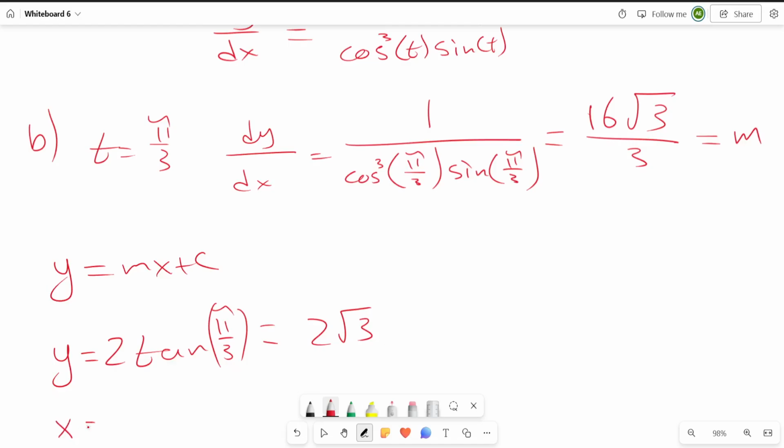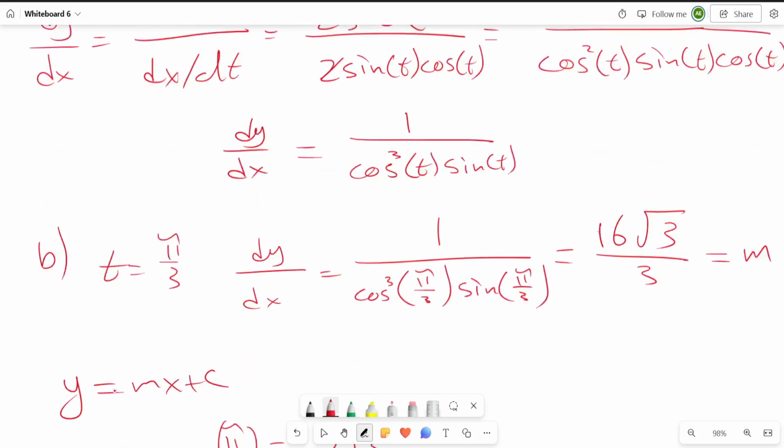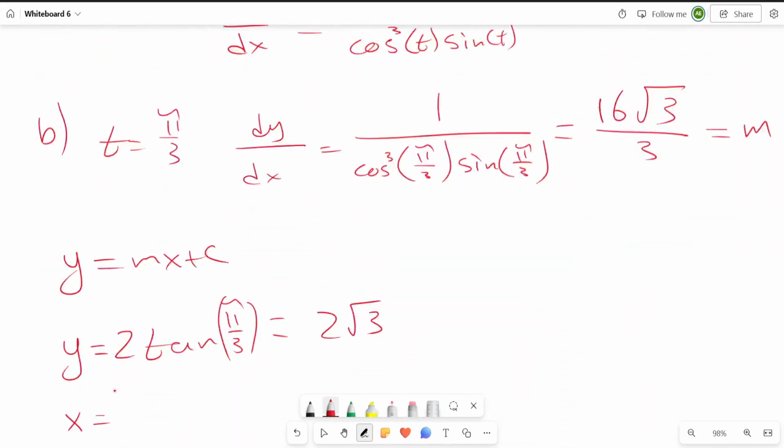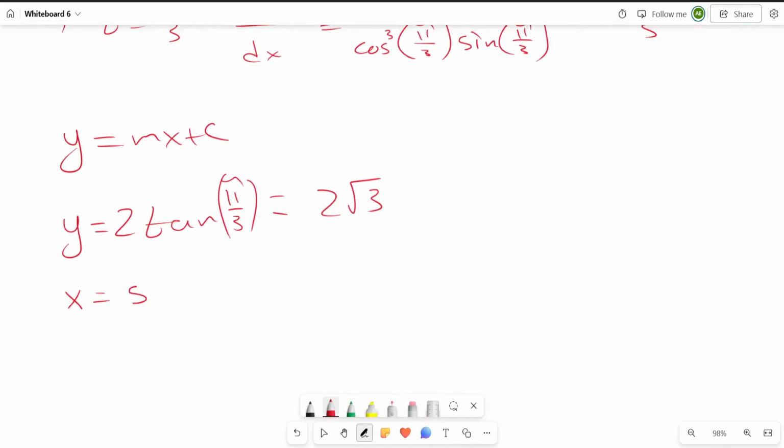And similarly, x equals, I believe it was sine squared. Yes, sine squared of t. So x is equal to sine squared of pi over 3, so equals sine pi over 3 all squared. This is going to give me an answer of 3 over 4.